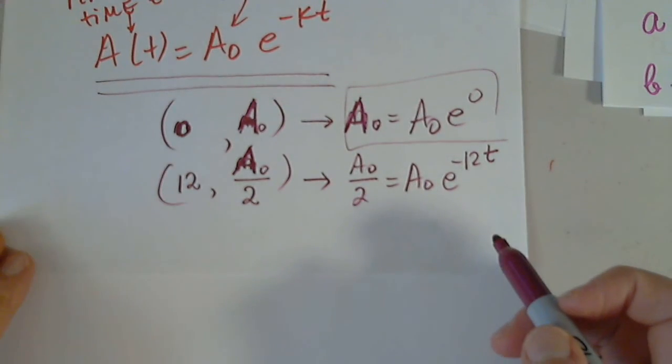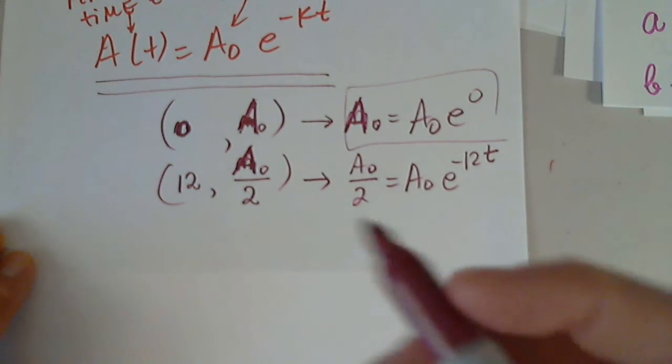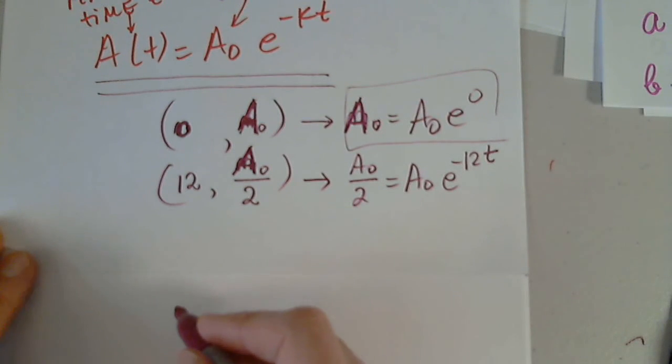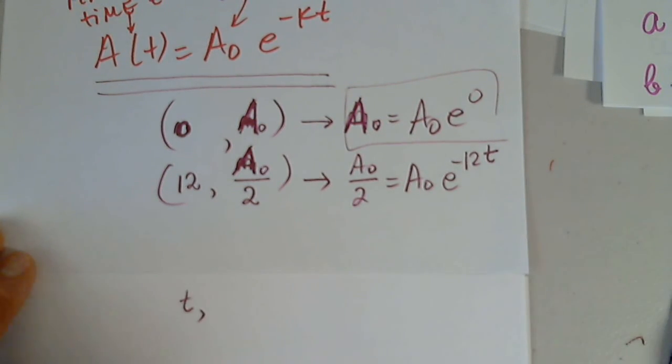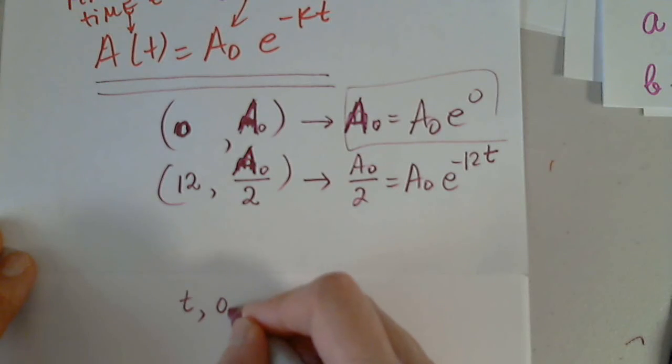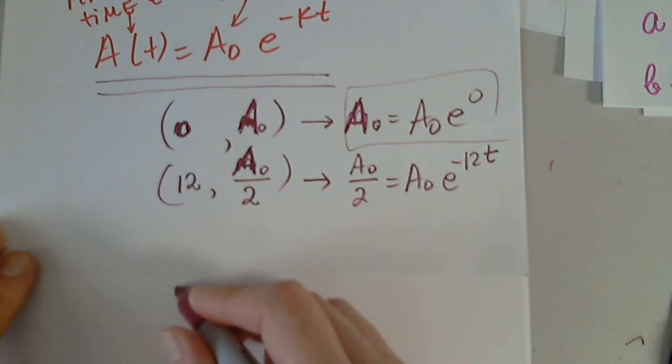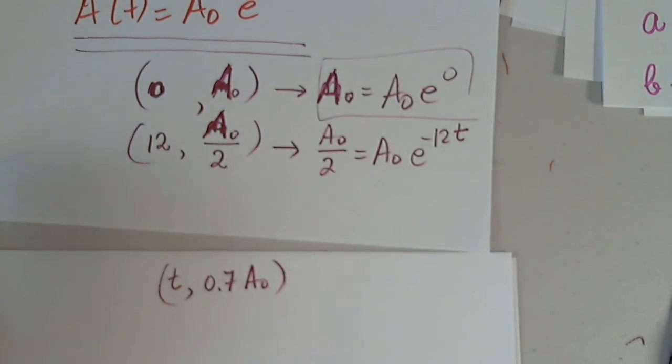What we really want to determine is what is t for 70% of a0. This is what we want to determine.